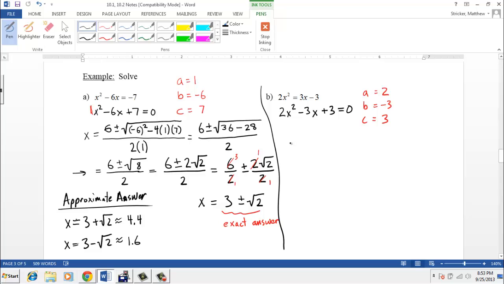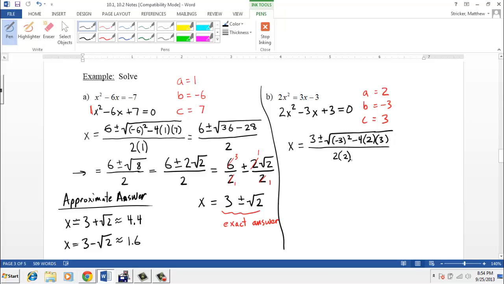And so when we plug it into the quadratic formula, we get x equals the opposite of b, which since b is negative 3, is a positive 3, plus or minus the square root of b squared, so that's negative 3 squared, minus 4 times a, which is 2, times c, which is 3, and that's all over 2 times a, so 2 times 2.